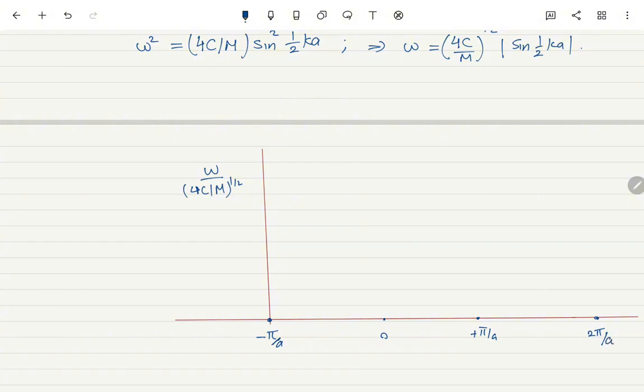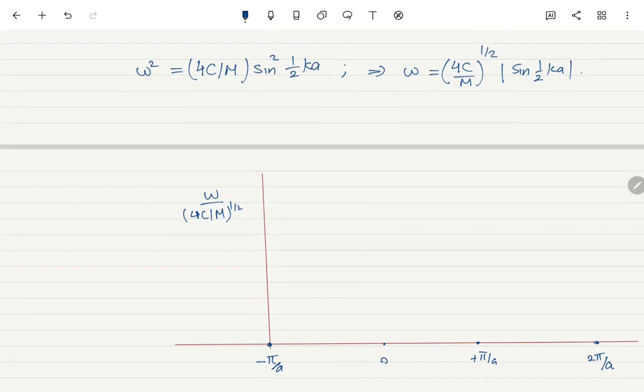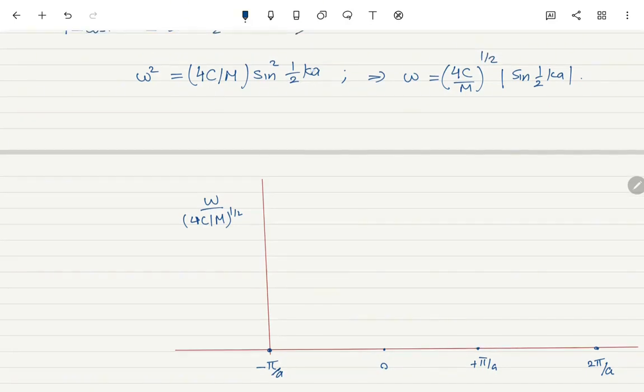Now at the zone boundaries, when K here is equal to minus pi over a, the omega over 4c over m to the power half will be maximum, because this whole thing is equal to 1. So this will be 1 here. Now when K equal to 0, omega here will be 0, so it will be something like this.